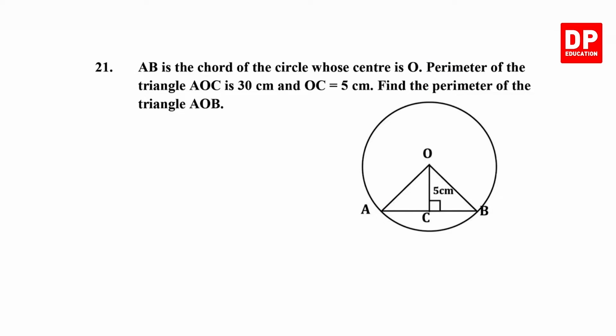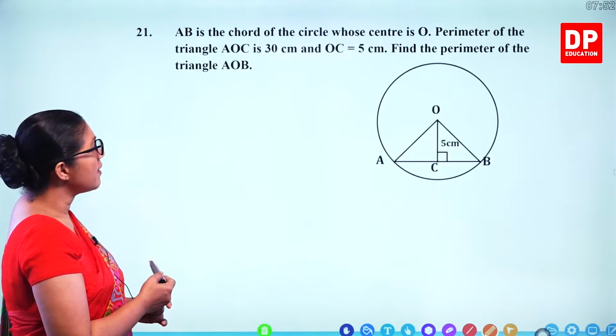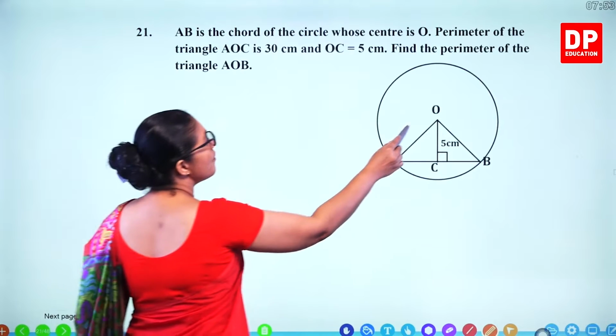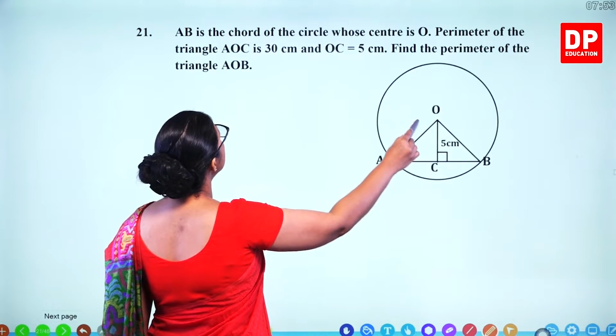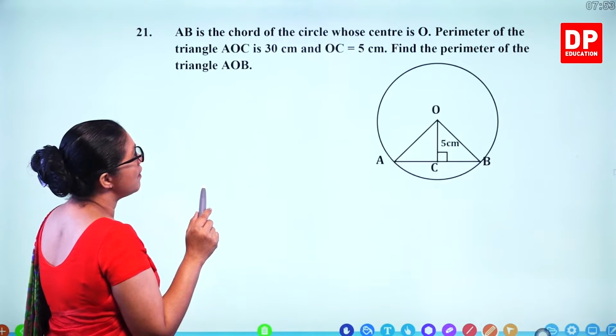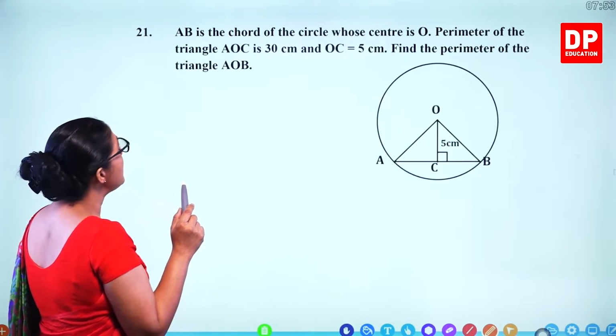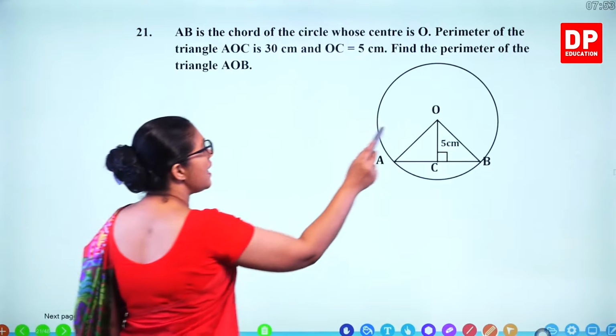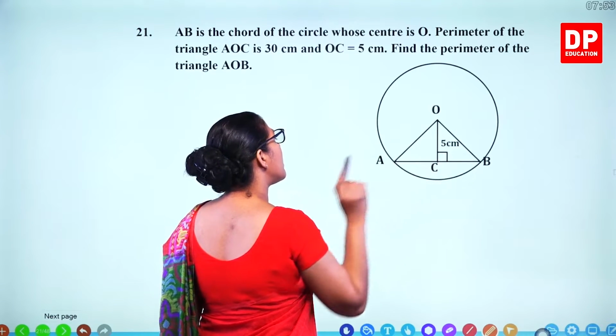Question number 21. AB is the chord of the circle whose center is O. The perimeter of the triangle AOC, all the lengths for AOC, is 30 centimeters and OC is given 5 centimeters. Find the perimeter of the triangle AOB. So the bigger one.